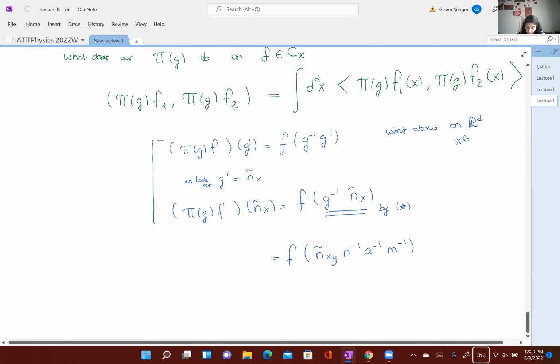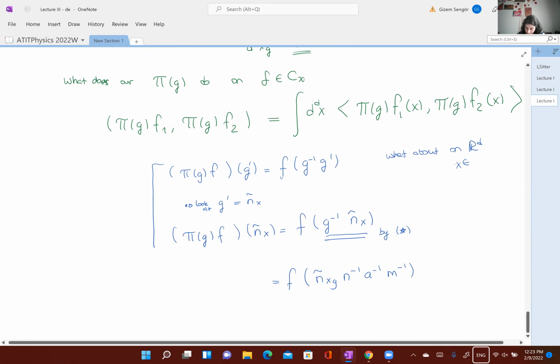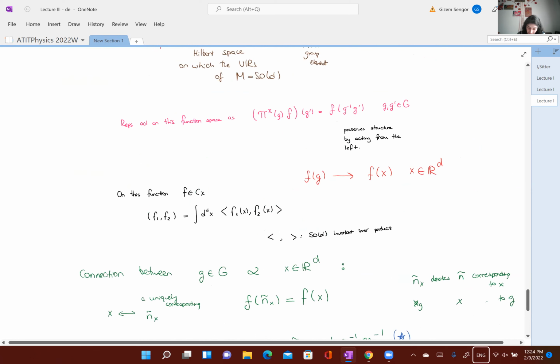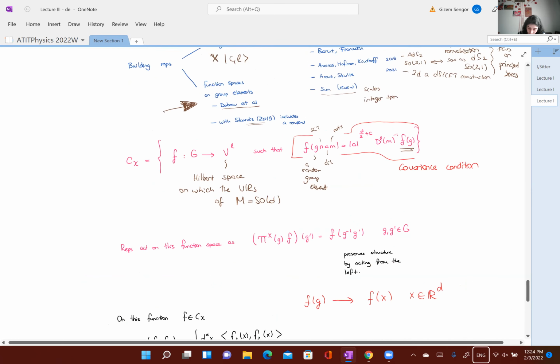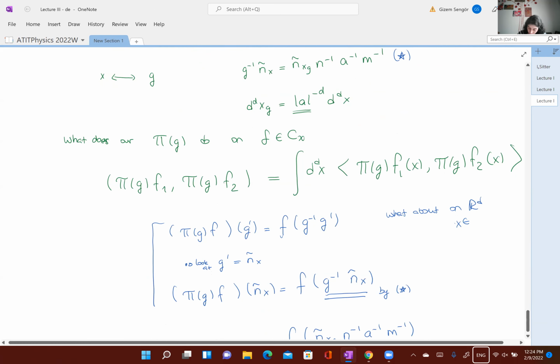Now, it was a condition of our function space that if you come across the function with such a combination in its argument, you know that it factors out like this. In our case, it's just with the inverses entering in. So it's just the inverses of a and D_LM.